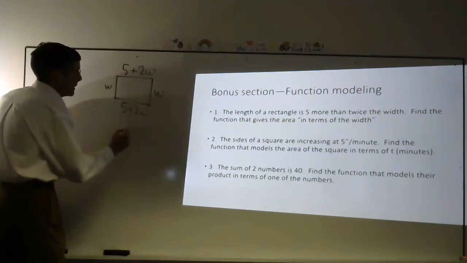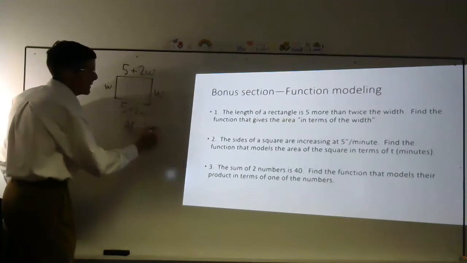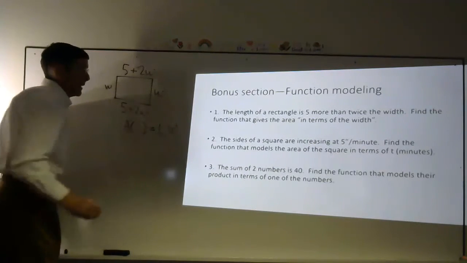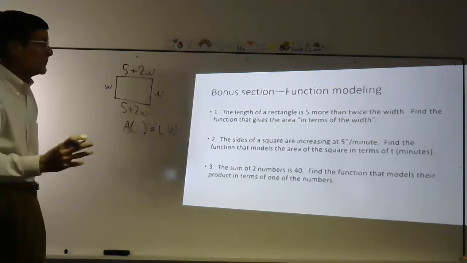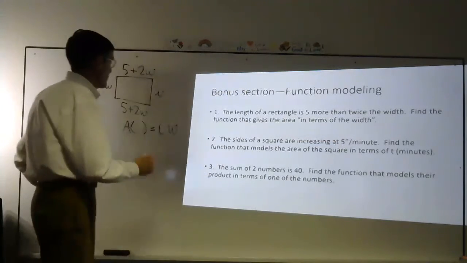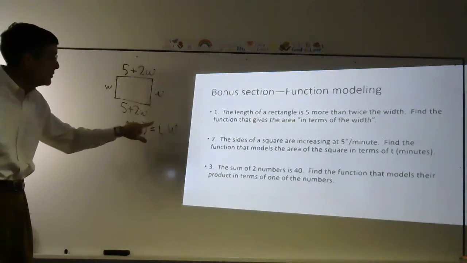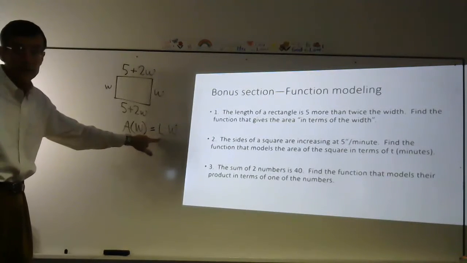So I know I'm going to write an area function, and I know the area of a rectangle is length times width. Now, from what I just said, the width is your variable. So that means you cannot have an L in there.